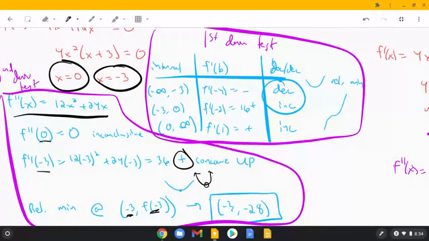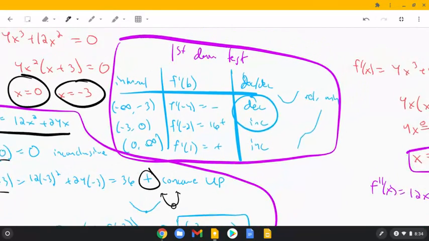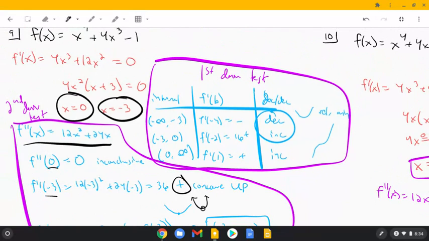Now with this other one, you may or may not have done the first derivative test. It's good to do the first derivative test. If you remember that, you write these intervals. So we'd have -infinity to our first critical number, which is -3, and then -3 to 0, 0 to positive infinity. And then you plug in test points. So I plugged in -4 into the first derivative. That was a negative.